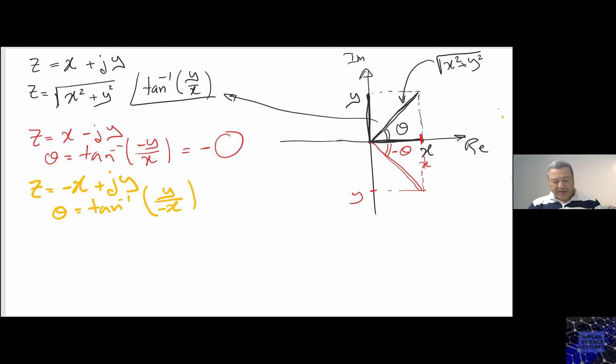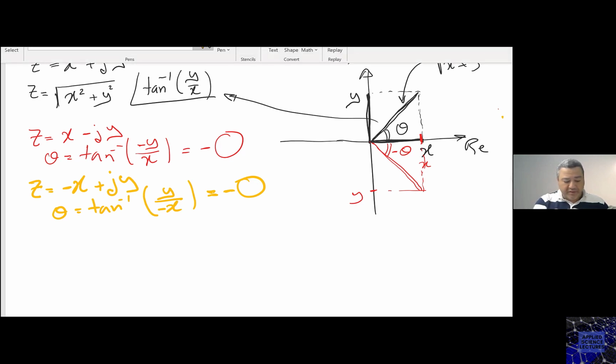The old calculators are not going to distinguish between minus y over x or y over minus x. It is going to give you a negative angle. But guess what? The correct angle is not in the fourth quadrant because this negative angle means fourth quadrant. So what you need to do, since I'll redraw this, and again here.